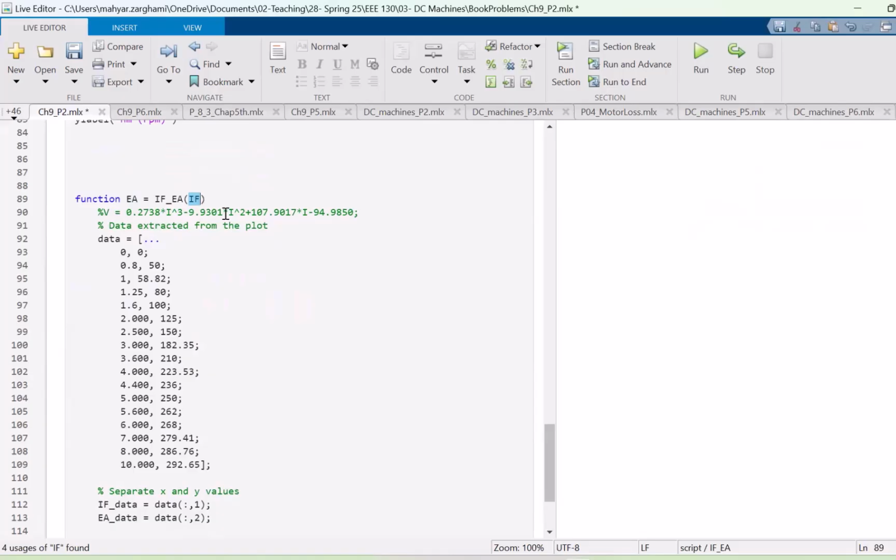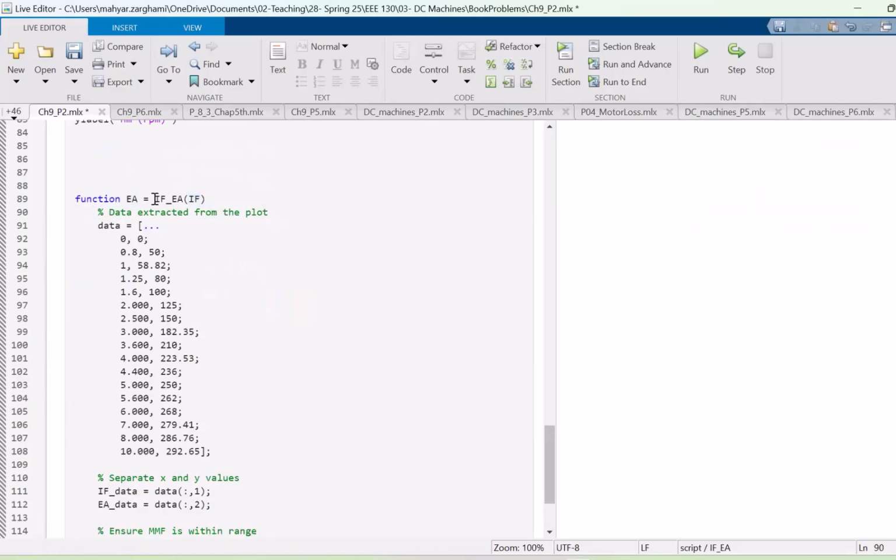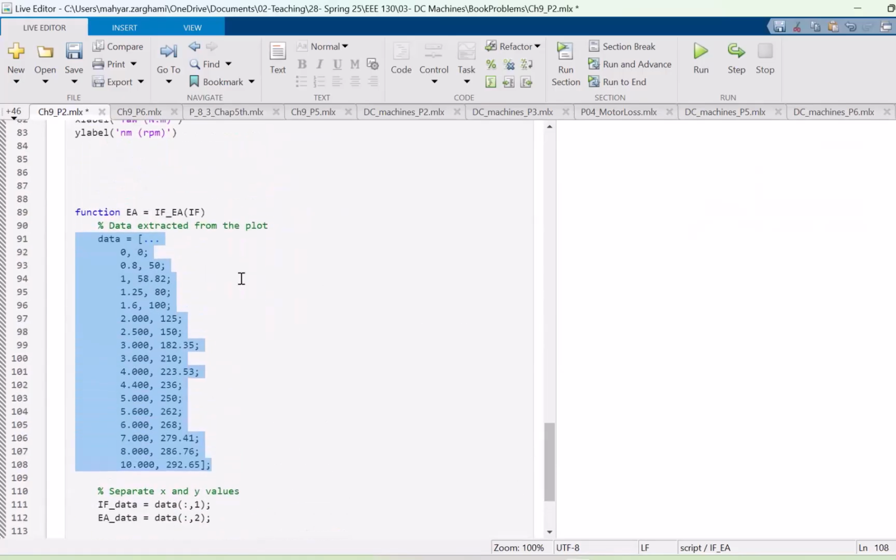If you give it the IF, it will give out EA. And these are the data points that have been provided, and we're going to interpolate. Whatever number we give as IF, it looks at the two values where that IF can fit within and comes up with a linear approximation.